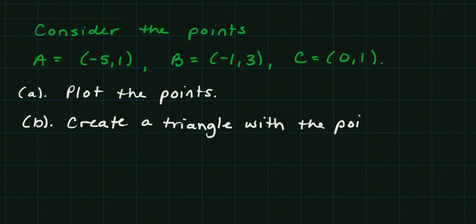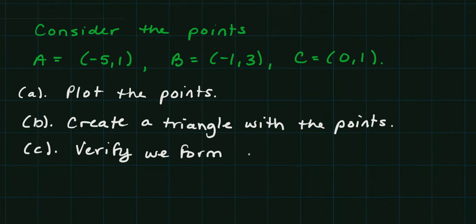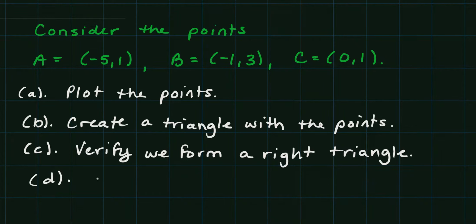So the points will be the vertices of the triangle. The next thing I want to do is verify that it's a right triangle. And then I want to find the area of the triangle.